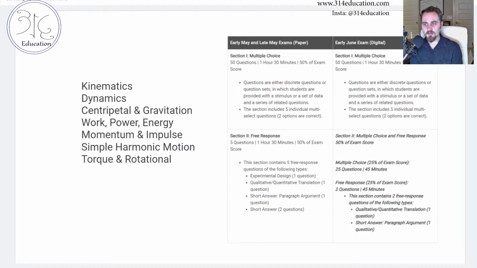For the second section, this is where the paper exam differs from the digital exam. This is the free response section. For the in-person exam, this is all free response. You will have 5 FRQ type questions, one of which will be the experimental design problem, where you'll have to come up with a procedure to solve for a specific variable using some sort of physical experiment.